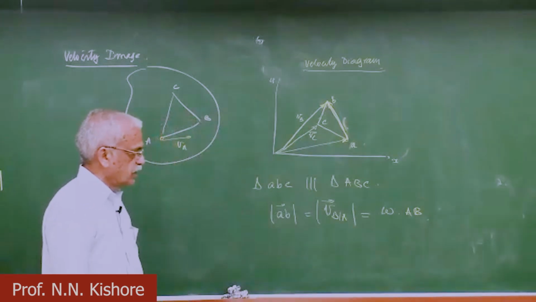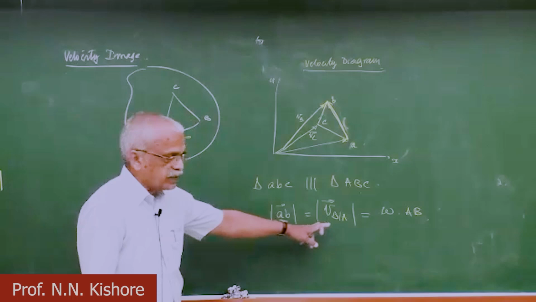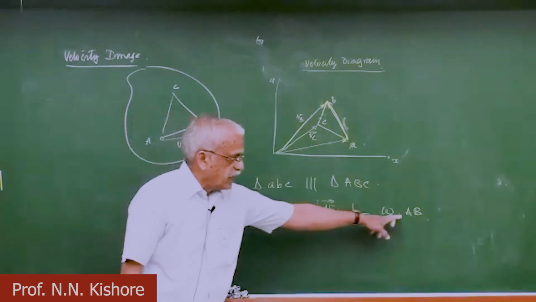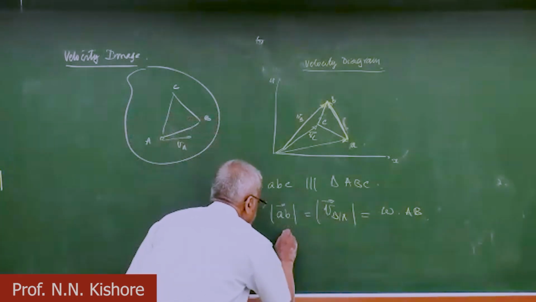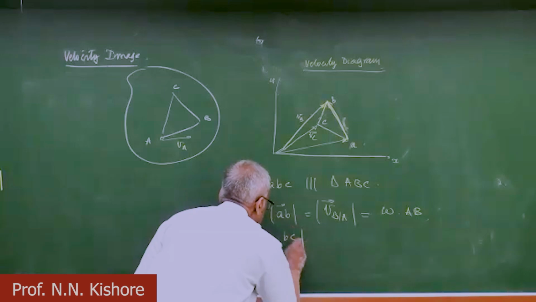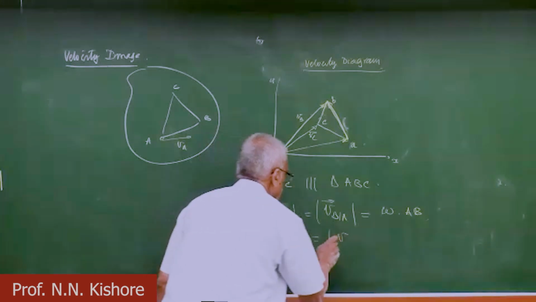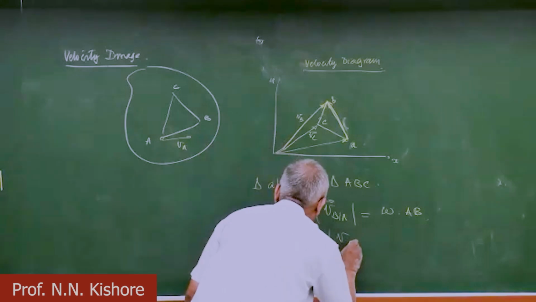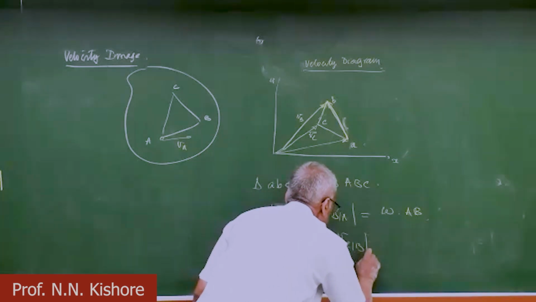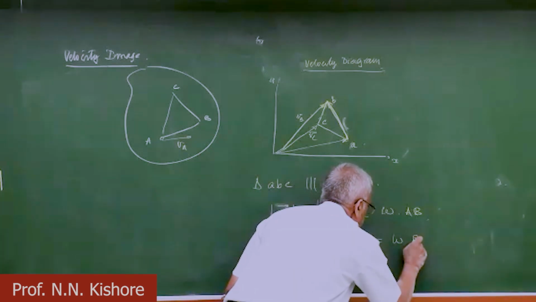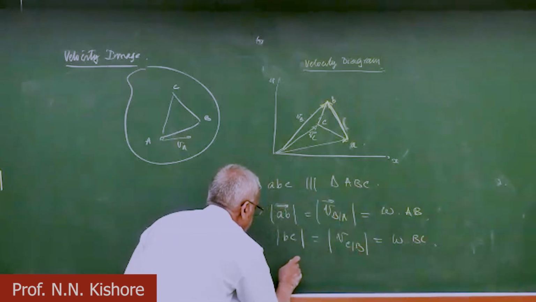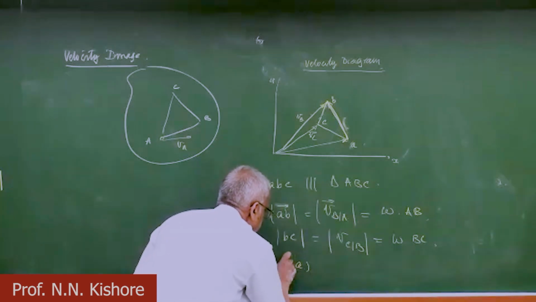Similarly, bc is the velocity of C with respect to B, and similarly ca.